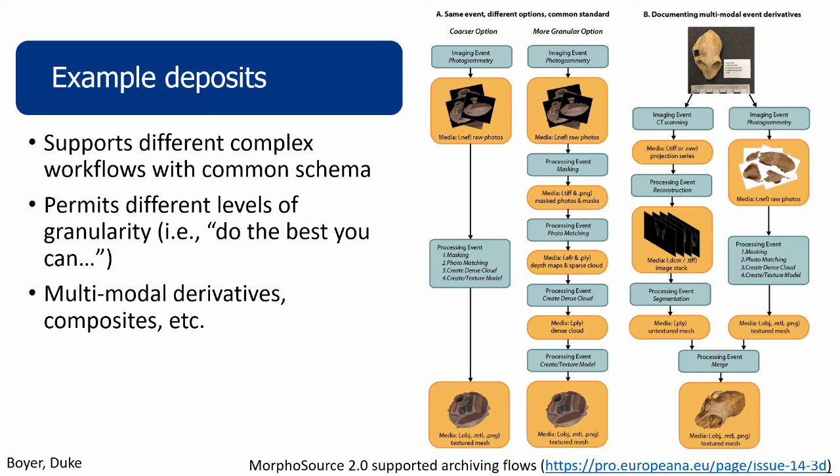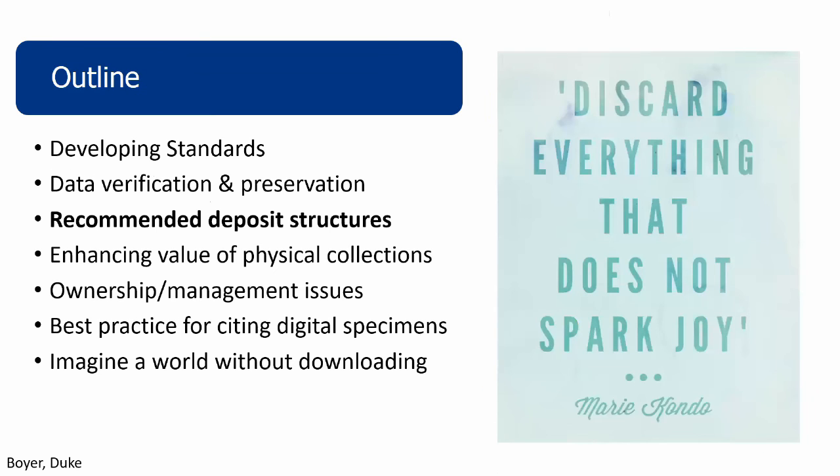So you might have scanned the same specimen in two different ways, CAT scan and maybe photogrammetry, and then you want to create a multimodal derivative that has information from both of those, and that can also be described in the website.